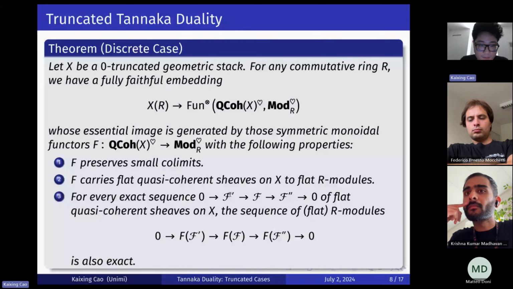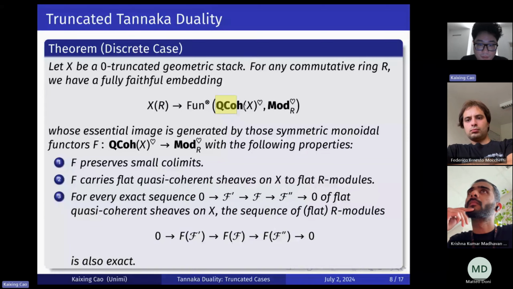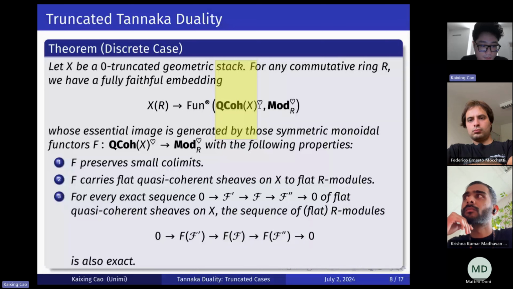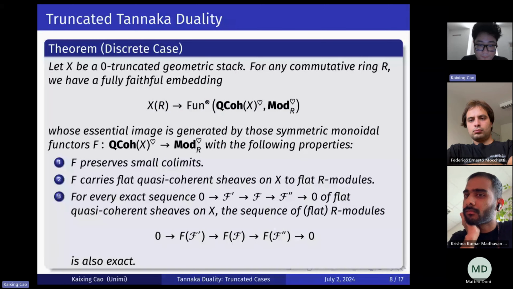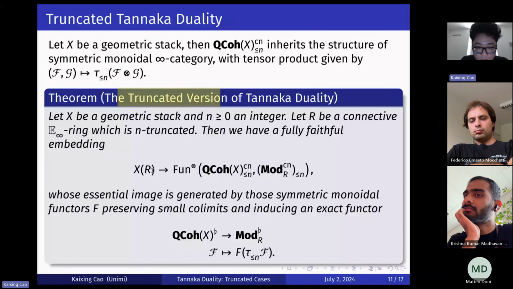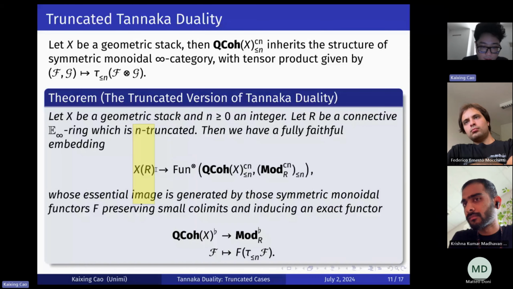I think it's motivated from the discrete case. This part, exact functors on flat objects, corresponds to the second and third requirements. In this truncated version, firstly for a geometric stack, we can identify the R points of X with the functor category which preserves the coordinates.